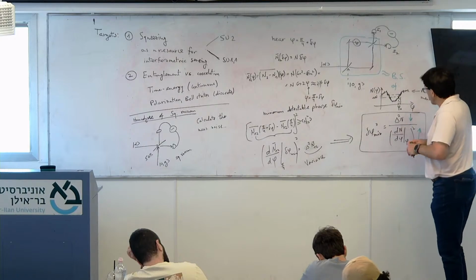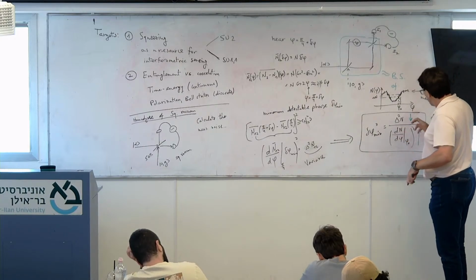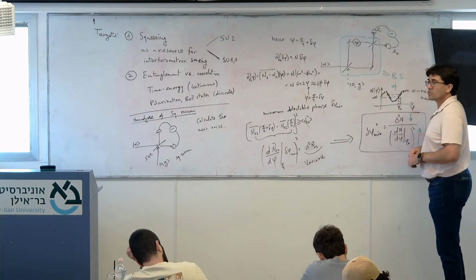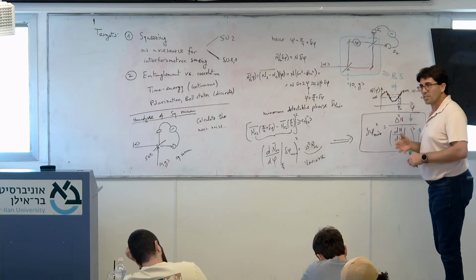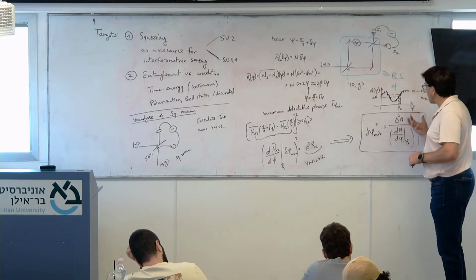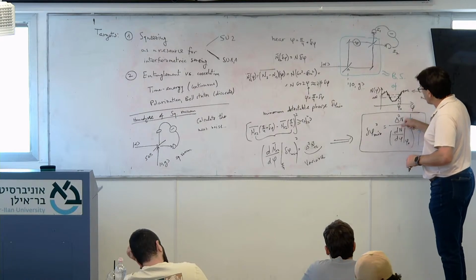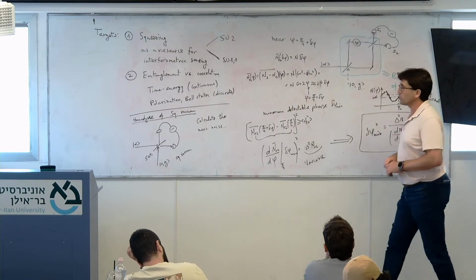You must either reduce the noise or enhance the slope, enhance the dependence. Now actually with quantum light we can do both. But first we want to see how we can reduce the noise.